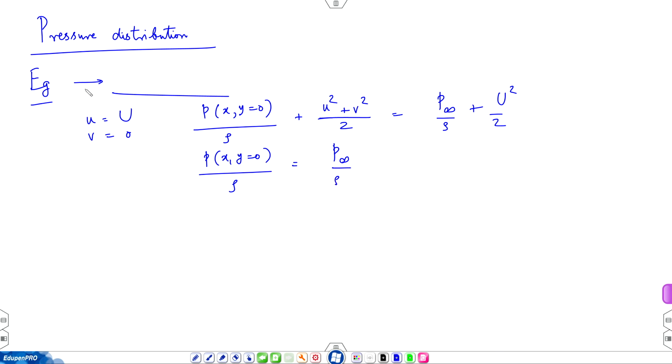So, whatever pressure prevails upstream is distributed over this flat plate. So, the same P infinity prevails over the flat plate. Okay, so, that was the example of flow over a flat plate.